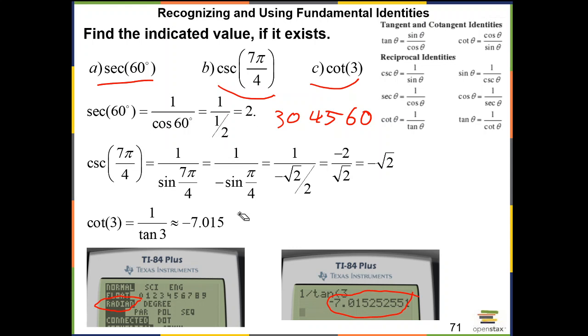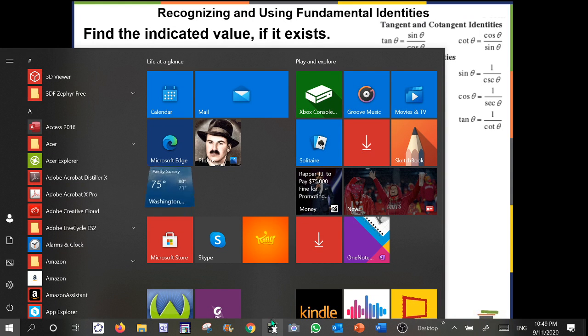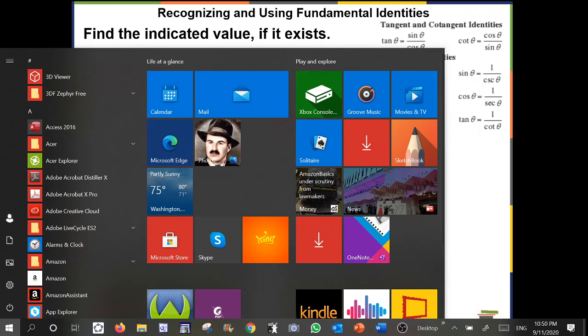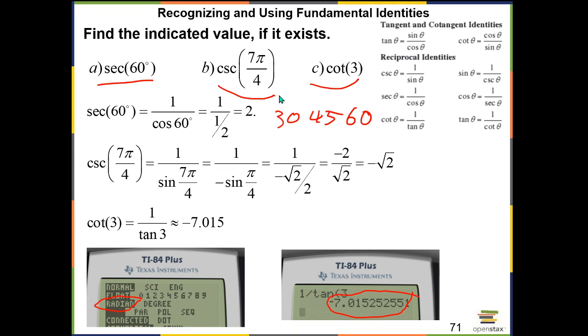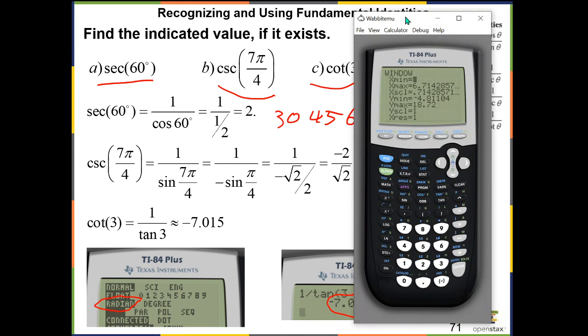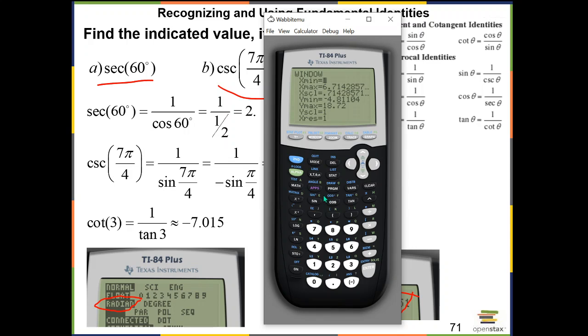Now, on the calculator, let me show you, on most calculators, we have 3 functions. We have sine, right? You see right here, sine. We have cosine, and we have tangent, right in the middle of the calculator.